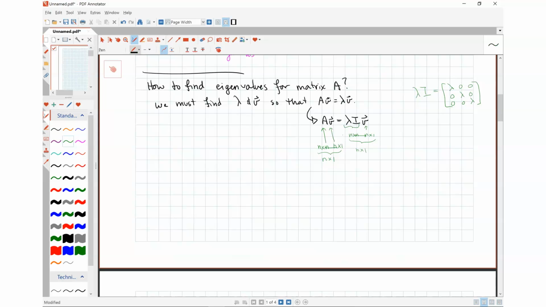So I'm going to move everything over to the left-hand side. So I'll have AV minus lambda IV is going to be equal to the 0 vector.